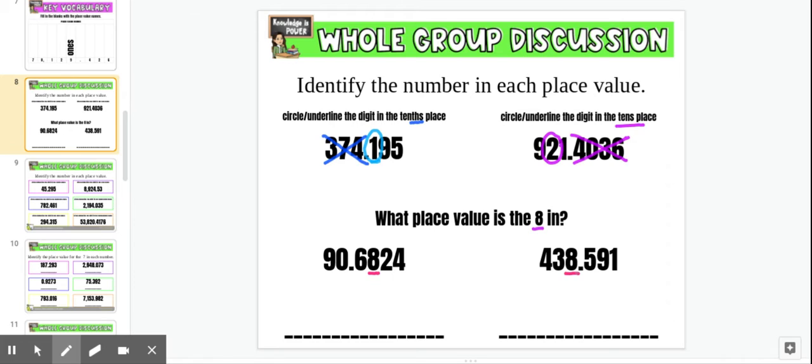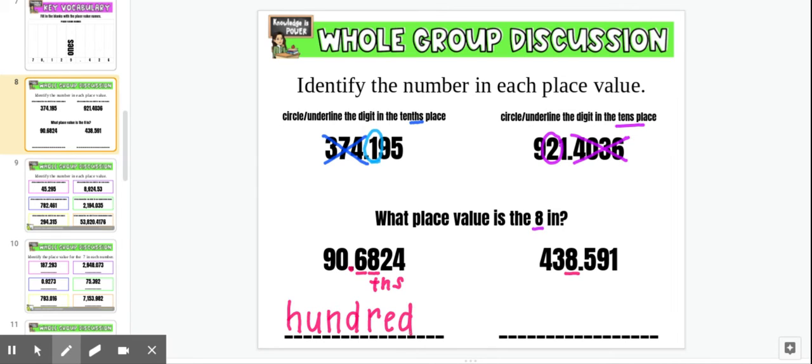The 8 is after the decimal, so I know it's going to end in THS. We started the decimal, we're 2 digits after the decimal, and so it goes tenths, hundredths. So that 8 is in the hundredths place.